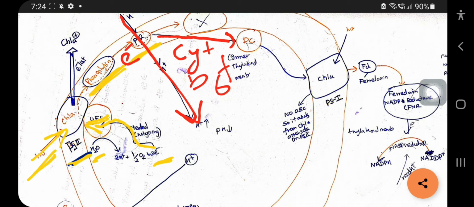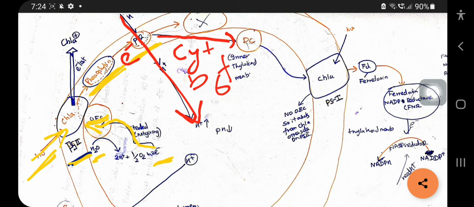From plastoquinone, the electron will move to cytochrome B6, then to cytochrome F, then to plastocyanin. This plastocyanin is a mobile electron carrier, present on the inner side, that is the lumen side of the thylakoid. Okay, it should be clear.